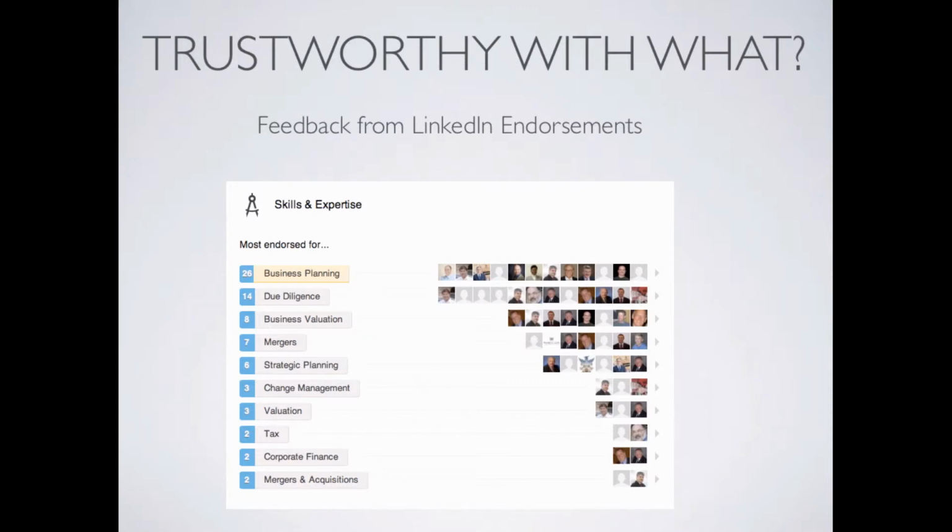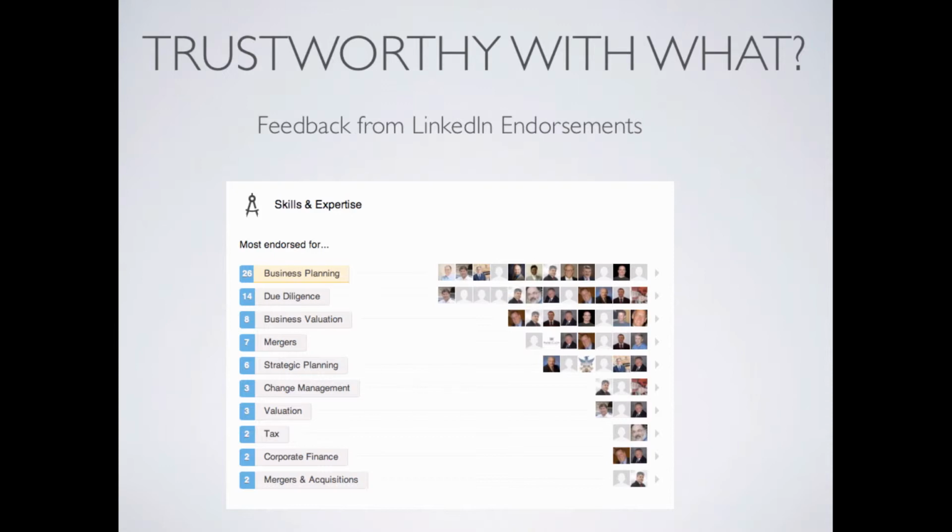And in this particular case, I don't have a very large LinkedIn account, but you can see the endorsement of skills that I'm involved with are distributed from strong to weak, and up at the top there is business planning. All right, so it would be nice, okay, if I could create a value so that the customer relationship was that of someone trusted in doing business planning.